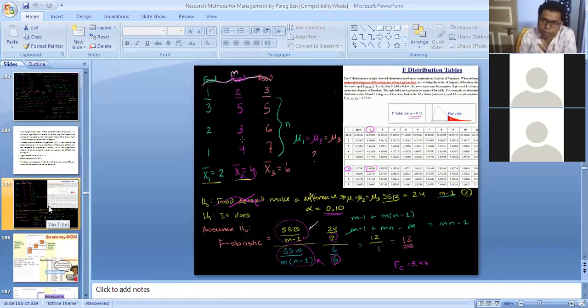But which particular pair is different, or if all the pairs are different, you cannot understand from just the ANOVA. Okay, so you need to conduct a post hoc test. So that I am going to tell you.